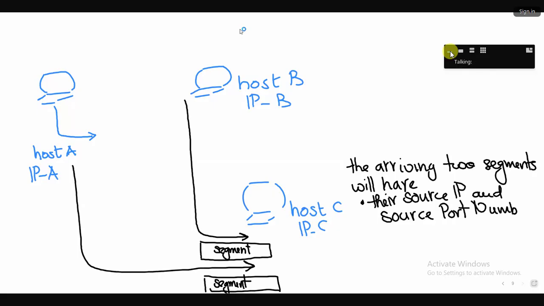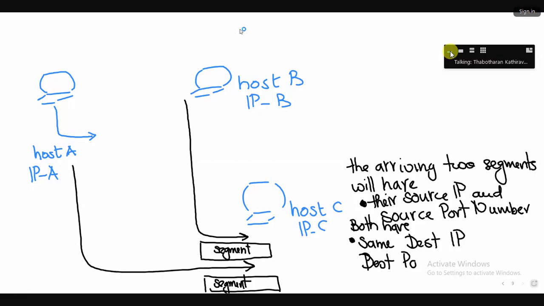But they both have the same destination IP and destination port number.